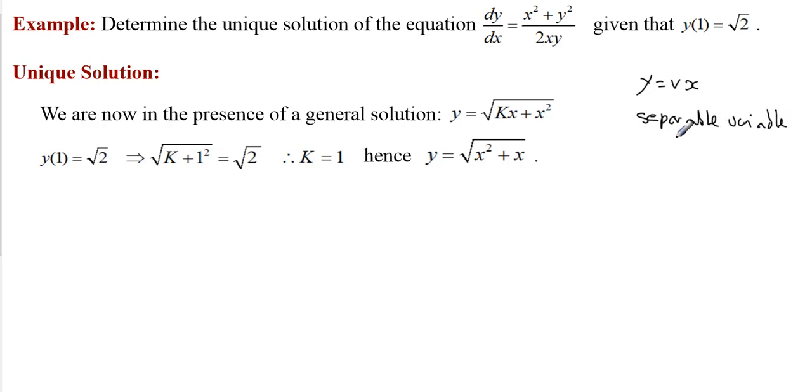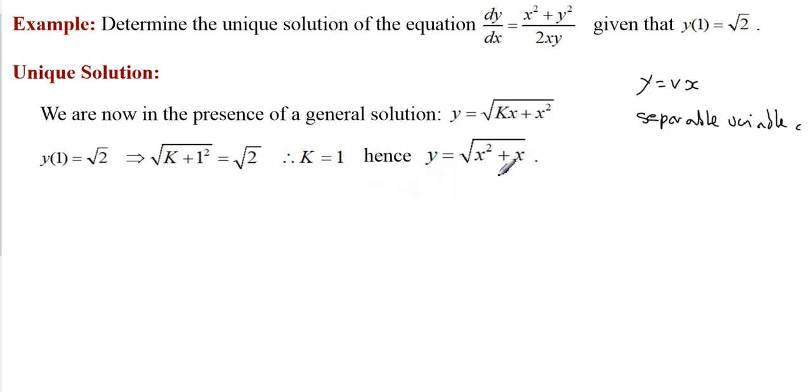And then at that point, we proceed with our method of solving equations of separable variables. And then we get a general solution, then use our initial conditions to get our particular solution. If you missed something, you can pause the video and go over the example again.